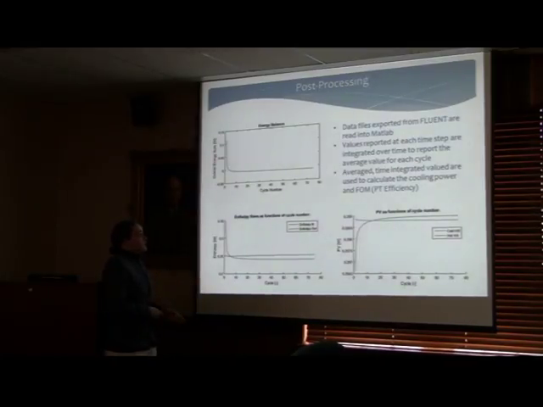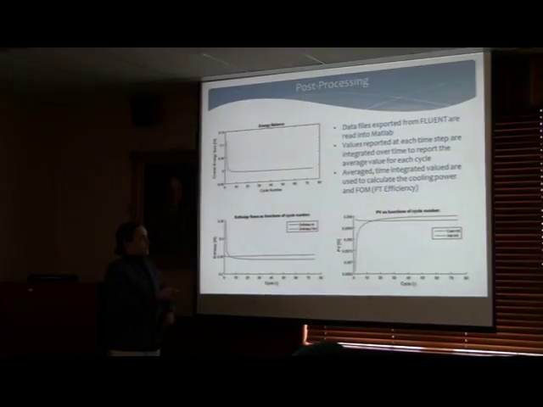So this is just an example of what post-processing looks like. As you can imagine, we had 48 simulations, so we had a lot of these graphs floating around. This is what the energy area shows, and this is the PV. You can see it's always going to be higher than the value over here. And this is going to be the inlet and the exit of the pulse tube. So very small differences.